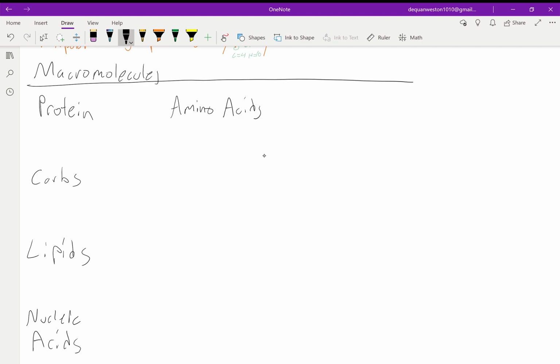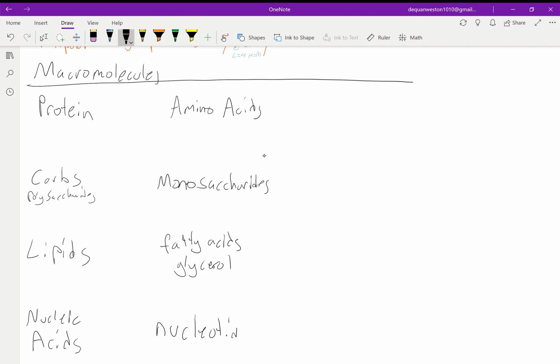Carbs, also known as polysaccharides, are composed of monosaccharides. Your lipids are composed of fatty acids and glycerol. And your nucleic acids are composed of nucleotides.